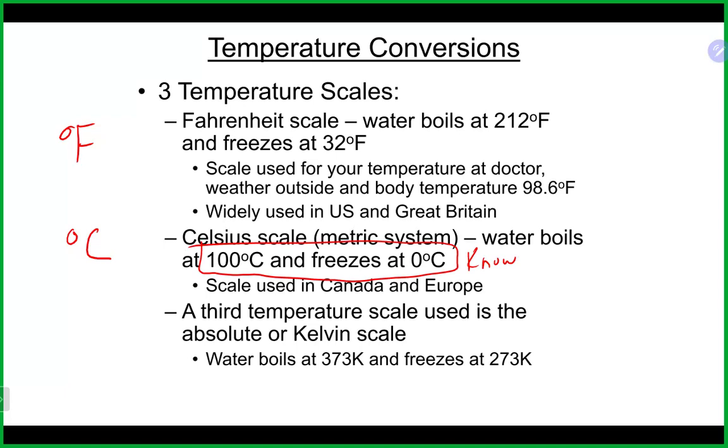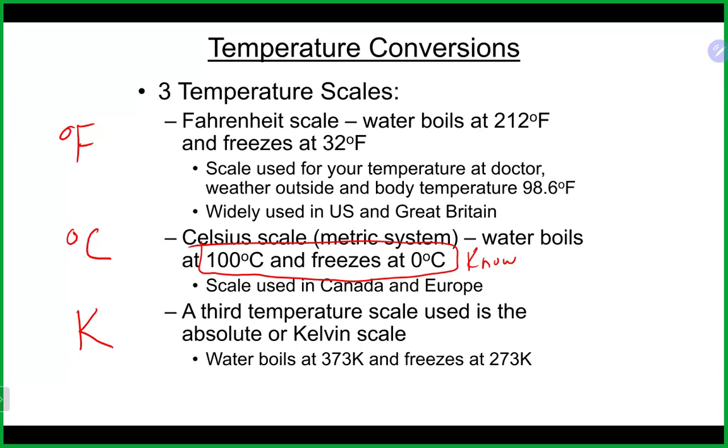It's the absolute temperature scale, also called the Kelvin scale, and capital K is the symbol for it. That is where water boils at 373 Kelvin and freezes at 273 Kelvin.